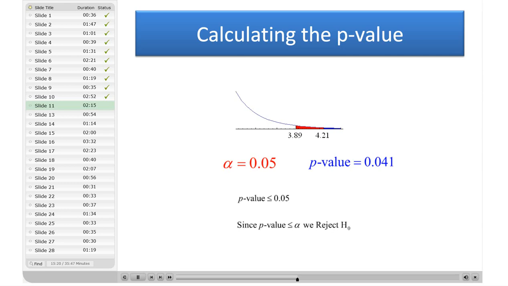So to make a long story short, if you have statistical software, you can calculate the p-value exactly. If all you have is a table of values that tell you what the cutoffs are, you can't necessarily calculate the p-value exactly, but you can at least say whether it's bigger than 0.05 or less than 0.05. You can basically figure out a range that the p-value's in.